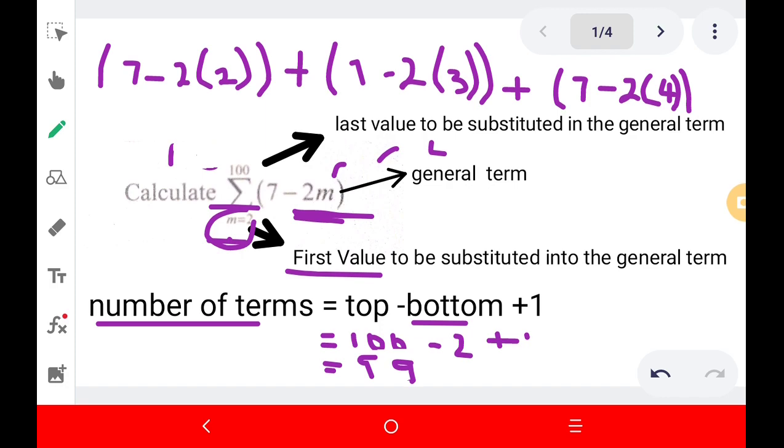Now we only need the first 3 terms so that we can decide what kind of a series it is, and then we can also get the last term. The value that we need to substitute to get our last term is 100.